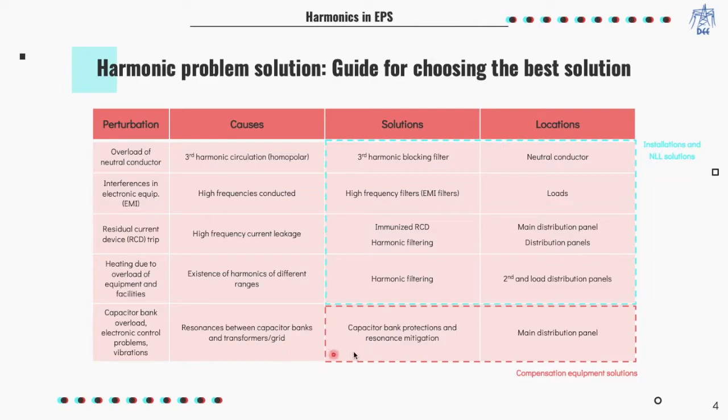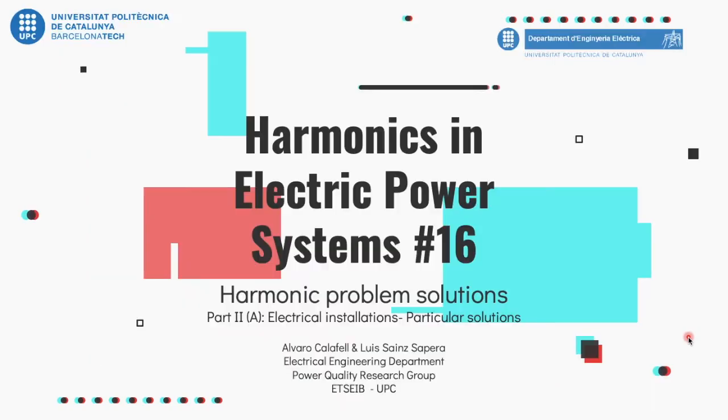The solutions are capacitor bank protections and resonance mitigation equipment located at the main distribution panel. So, given an electrical installation, we must analyze and identify one of the presented concerns and apply the solution suggested in the table. In the next videos, we will develop in detail the solutions presented in this video.